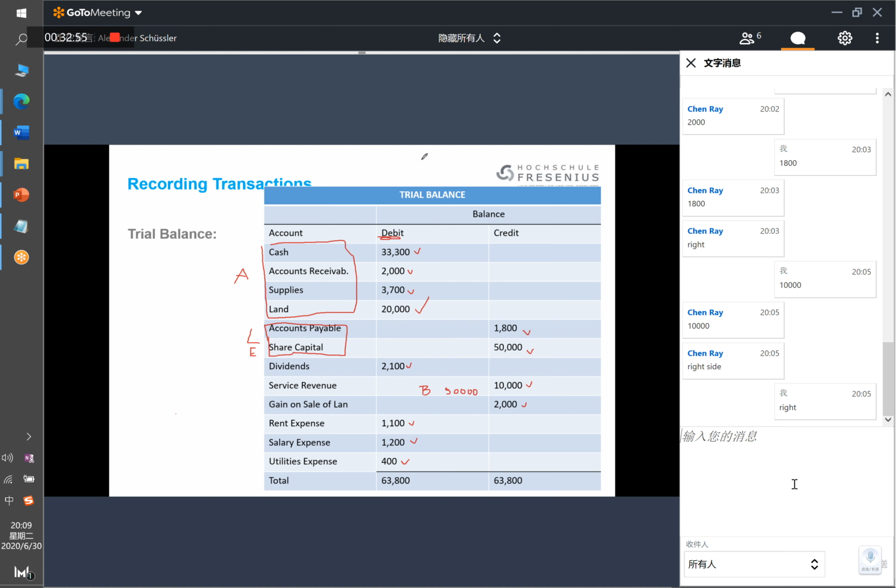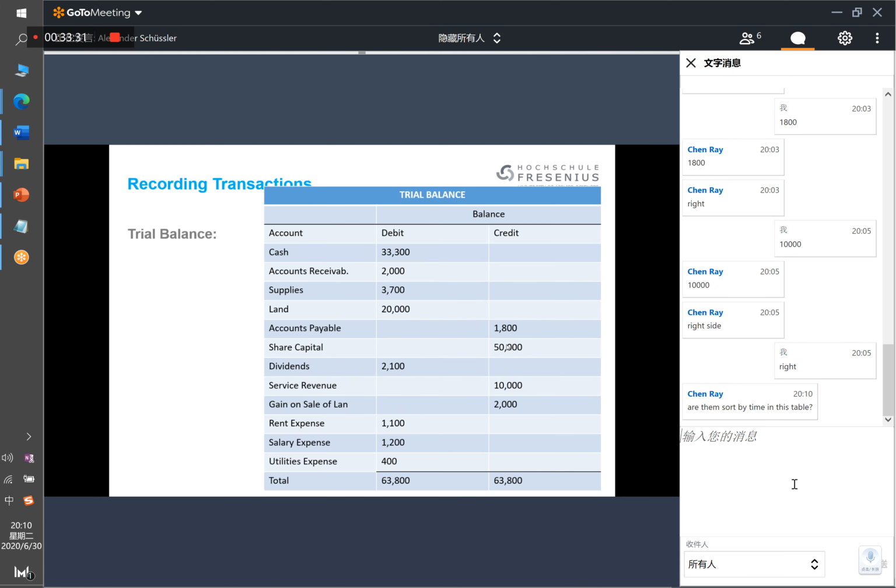If you look at that, does that make sense to you? Or is there anything unclear? Why something is on the left or on the right? These are assets here. This is accounts payable as a liability, that's why you have it on the credit side. Share capital is equity, so you credit it.